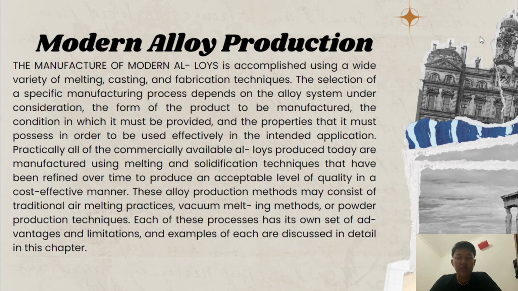This alloy production method may consist of traditional ingot melting practice, vacuum melting methods, or powder production techniques. Each of these processes has its own set of advantages and limitations, and they are discussed in detail in the chapter.